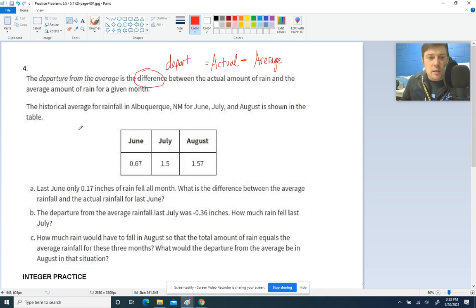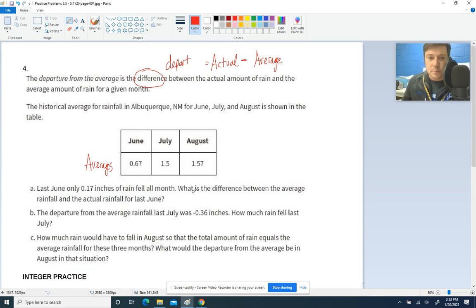Okay, so the historical average for rainfall in Albuquerque for June, July, and August is shown in the table. These are averages. Now, last June, only 0.17 inches of rainfall fell all month. What is the difference between the average rainfall and the actual?